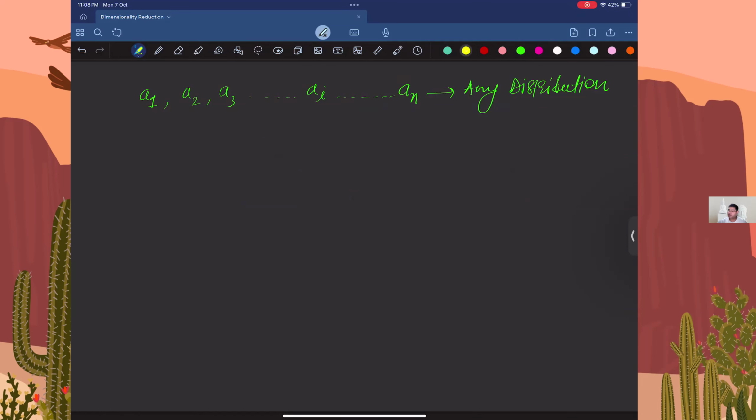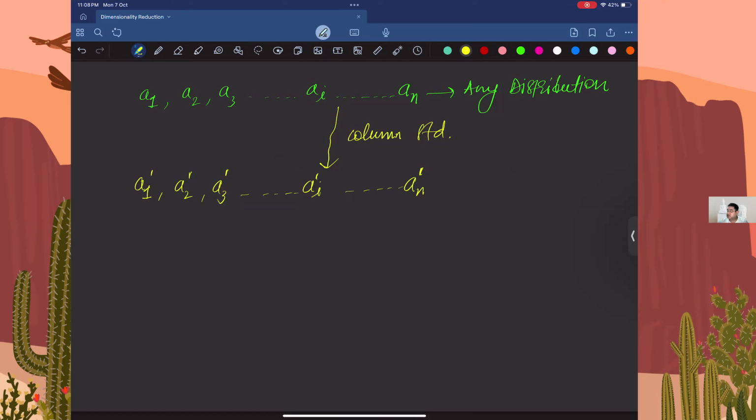Now, if I simply apply the column standardization here, standardization, I am writing the short form, I will get A1 dash, A2 dash, A3 dash, likewise AI dash and AN dash.